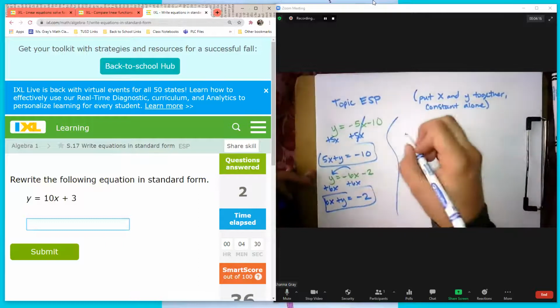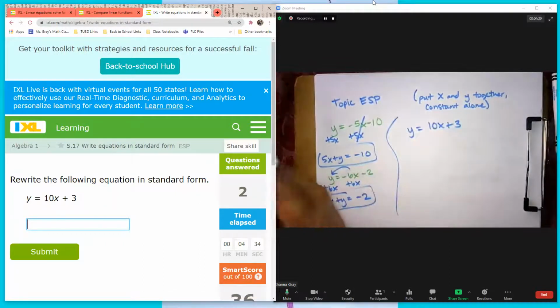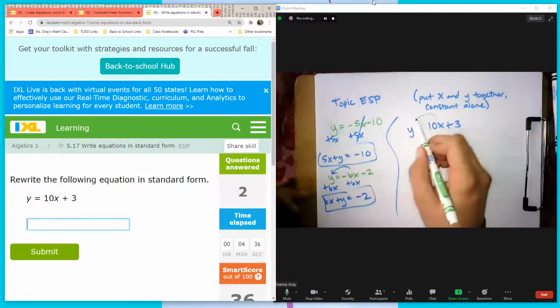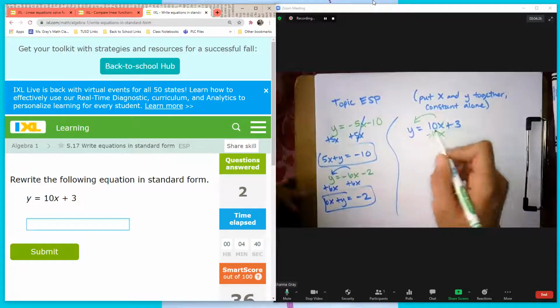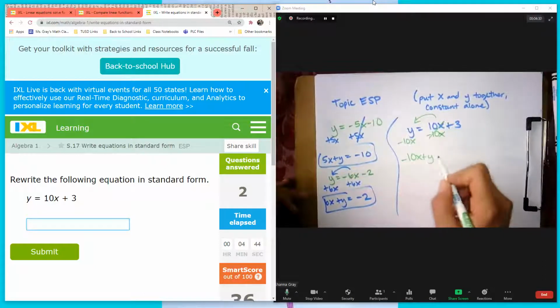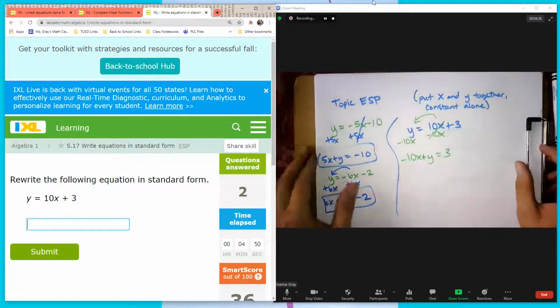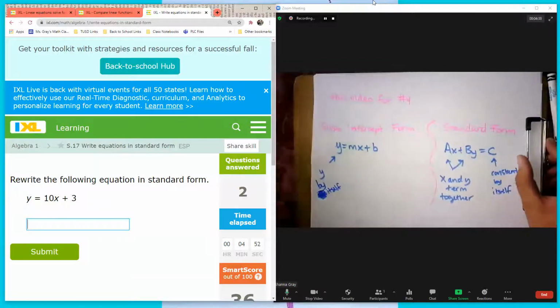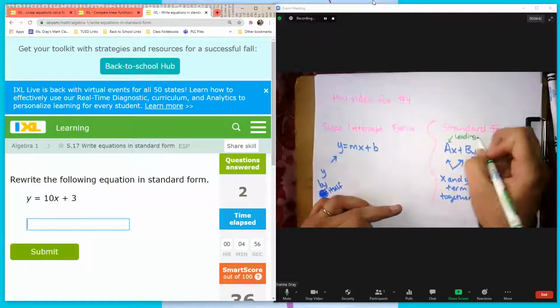Okay, for this one, y equals 10x plus 3. So I'm going to move the 10x over here to be with y by subtracting it this time, since it's positive. And if I subtract it here, I end up with negative 10x plus y equals positive 3, which brings me to a good point that we need to mention, which is the leading coefficient.